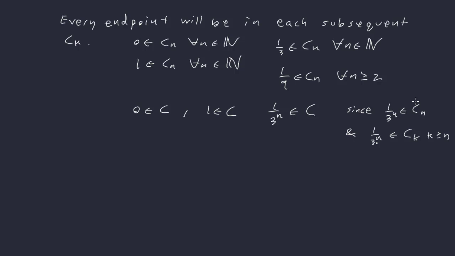Okay, so the question then is, well, first, from this, since 1/3 to the n is in C, and this will be true for all n, this implies that C is at least countable.